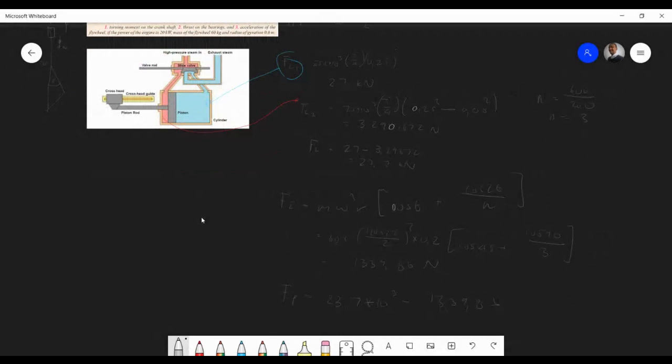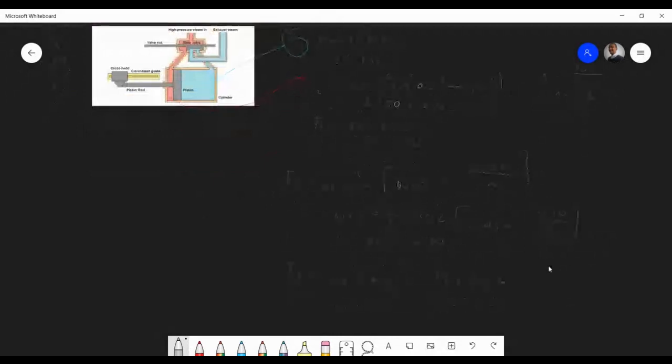Let's quickly get that. 1339.86, and we get around 22.36 kilonewtons. 22.36 kilonewtons.